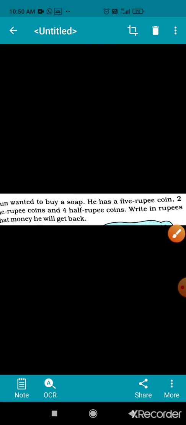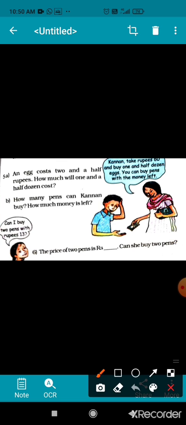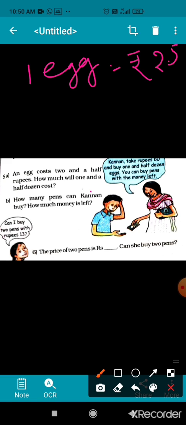Children, hope you all are getting it. Now let us see one more question. Here, an egg cost 2.5 rupees. How much will 1.5 dozen cost? 1 egg's cost is rupees 2.50.